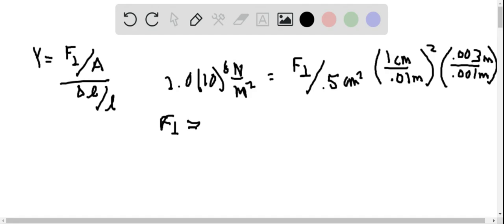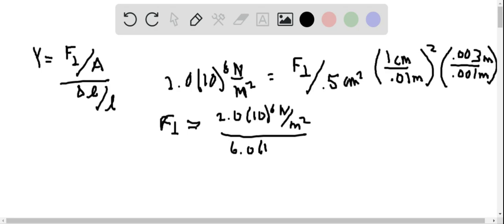Once we work this out, this will be 2.0 times 10 to the 6 newtons per meter squared, divided by 6.0 times 10 to the 4 meter per meter squared.